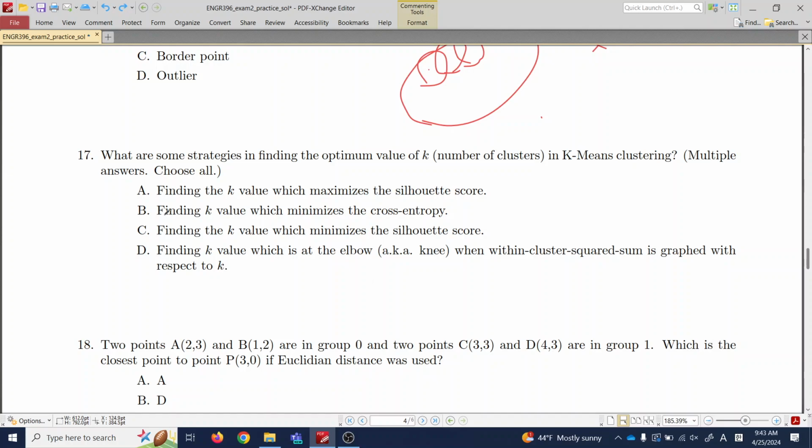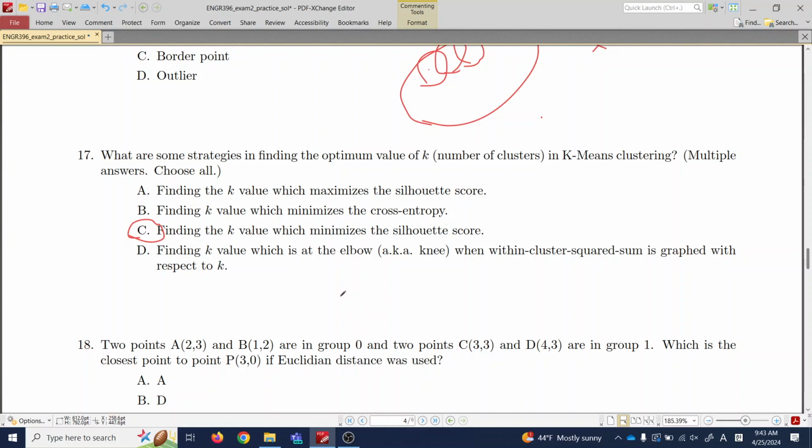One is to find the k value which maximizes the silhouette score. Oh, it's just, what is the silhouette score?